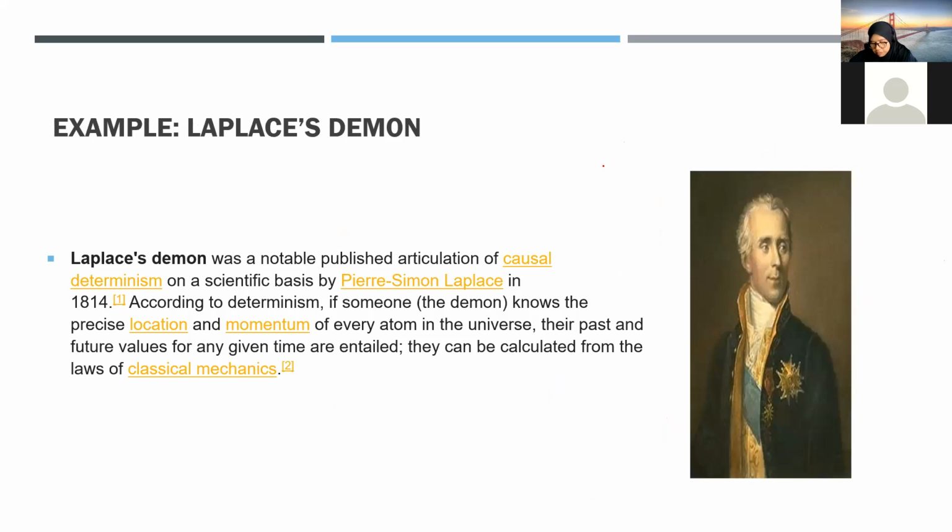Now let's see, this is a good one also. I think this is a good philosophical interpretation by Pierre Simon Laplace. What did he say? He said, according to determinism, if someone, the demon, knows the precise location and momentum of every atom in the universe, their past and future values for any given time are entailed.